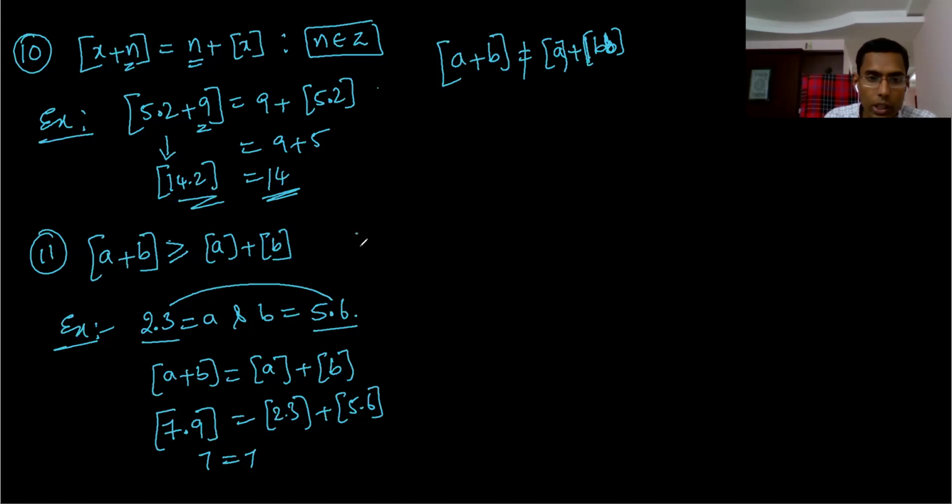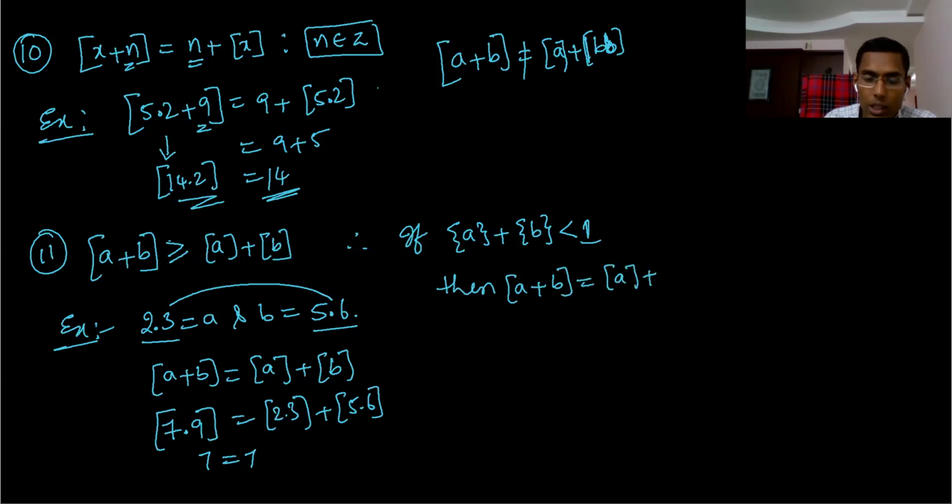Therefore what you can write: if the fractional part of a plus the fractional part of b is less than 1, then the integral part of a plus b equals the integral part of a plus the integral part of b.